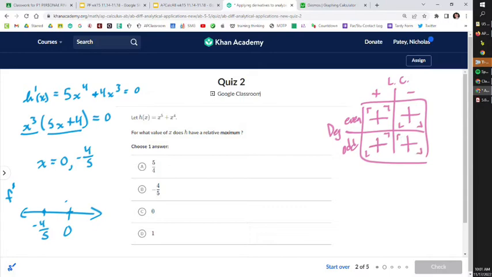Okay, so how's that going to help me over here? Check it out. I know that the leading coefficient is positive and the degree is even. So that means my end behaviors are going to be up here. I also know the multiplicity of the 0 is 3, and the multiplicity of negative 4 over 5 is 1. So that means we're going to bounce off the x-axis.